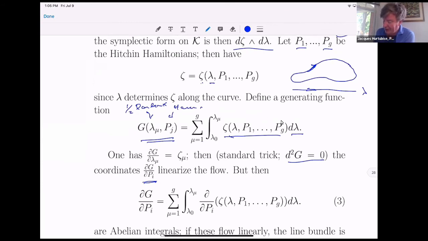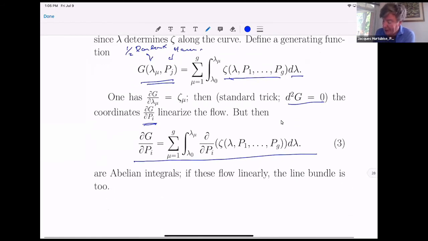And then the nice thing, that's basically the Poincaré residue formula, is that when you take the partials with respect to the pi's, you're getting a basis of abelian integrals. And so you've integrated your system by quadratures in an entirely classical way.